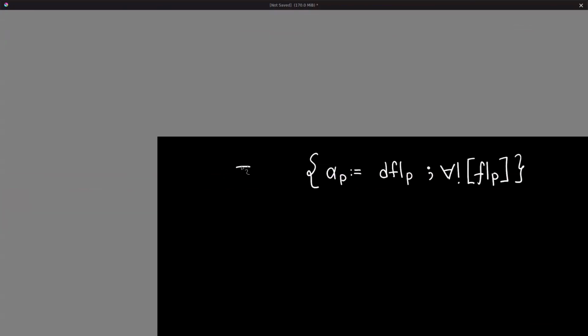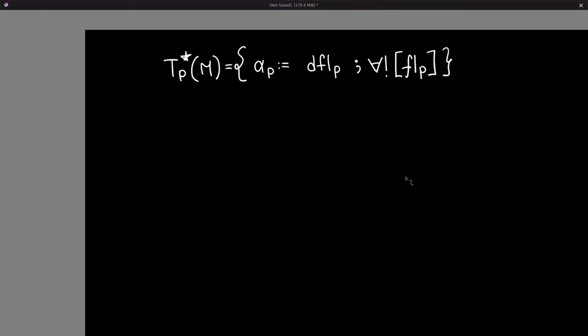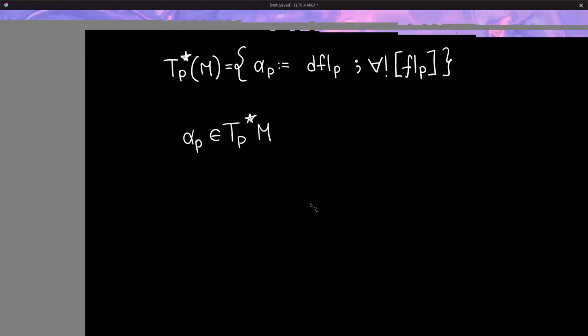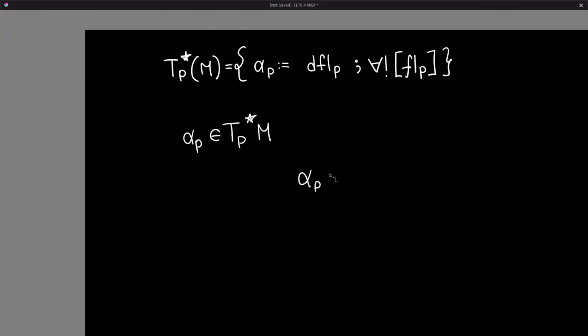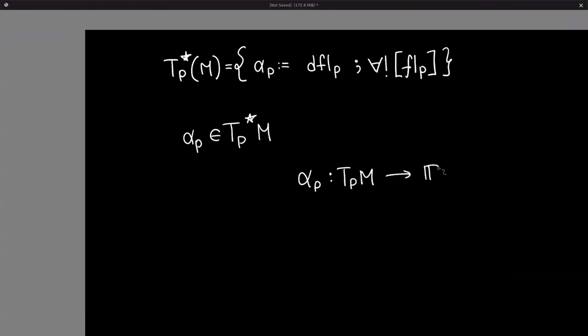Then this is the cotangent space, Tp*M, or Tp* parenthesis M if you'd prefer. Because Tp*M contains elements, if alpha p is an element of Tp*M, then alpha p is a function that takes something from TpM to R.